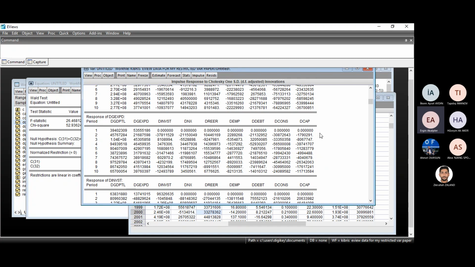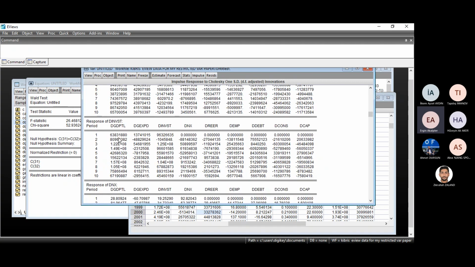Consumption is negative, and capital negative. And when we come to the investment, the GDP is positive, as you see. The governmental expenditure is negative, investment is positive, NX is somehow a little bit negative. Real effective exchange rate is negative, the exchange rate so-called is negative, employment is negative, public debt is negative, consumption negative, and capital negative.